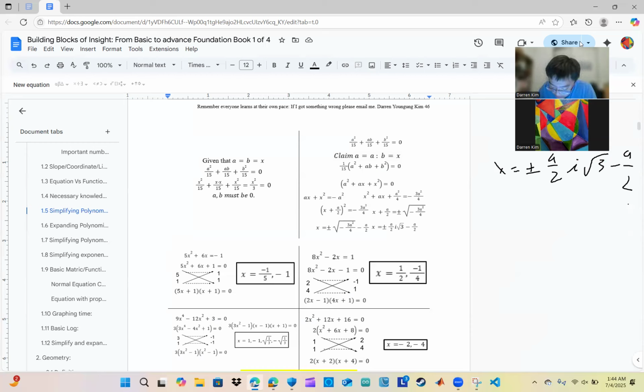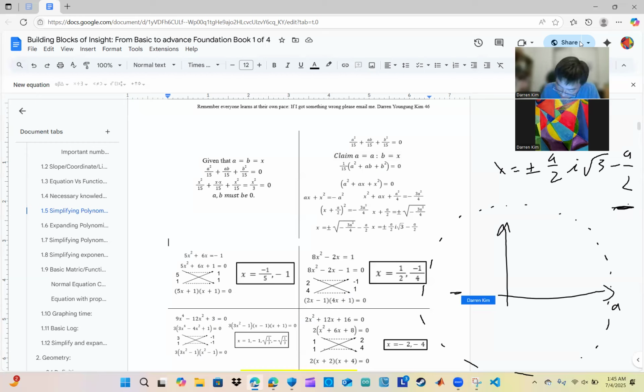It would look like a vector, and I'm not going to actually do it because it's not the scope of this section, but let's just say this is A. Now we have a divided by 2, so it's negative, so we go over here, and then it's plus or minus, so it's going to look something like this. The square root of 3 is smaller than 1, so it's going to look like this.